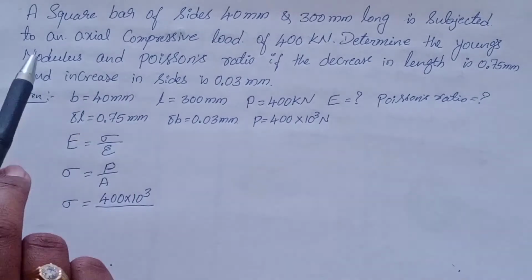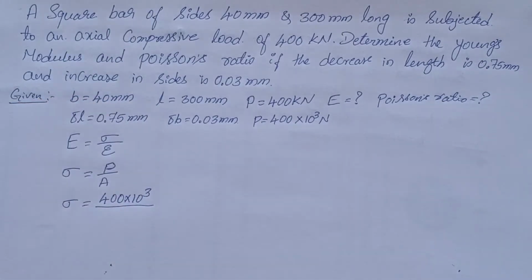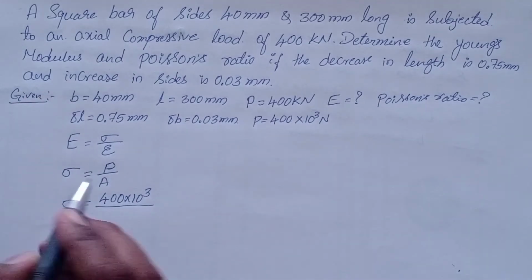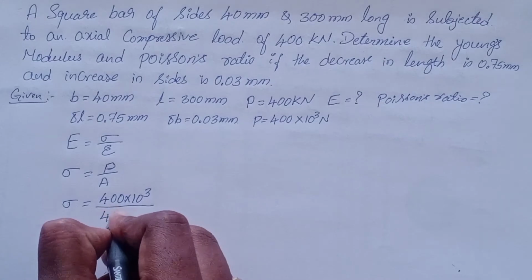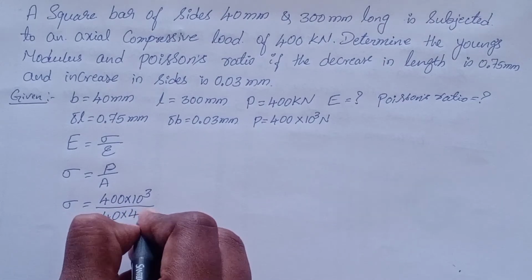To find the area of the square bar, we use side into side. The value of the side is 40, so 40 into 40.